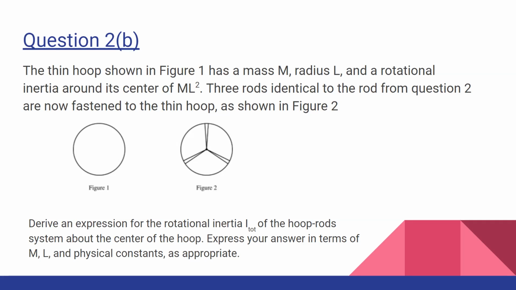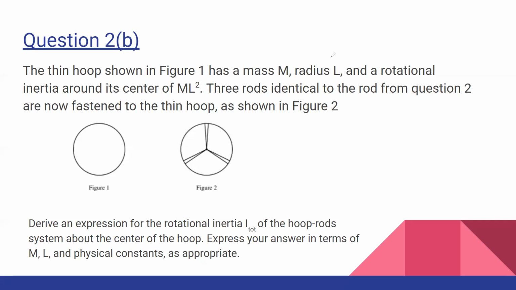They're asking you to derive the total rotational inertia of the hoop-rod system, this pinwheel or Mercedes-Benz symbol, around the center of the hoop, and you have to express your answer algebraically. You can only use m, L, and physical constants. If you define your own variables like lambda and put those into your final answer, they will take off points.